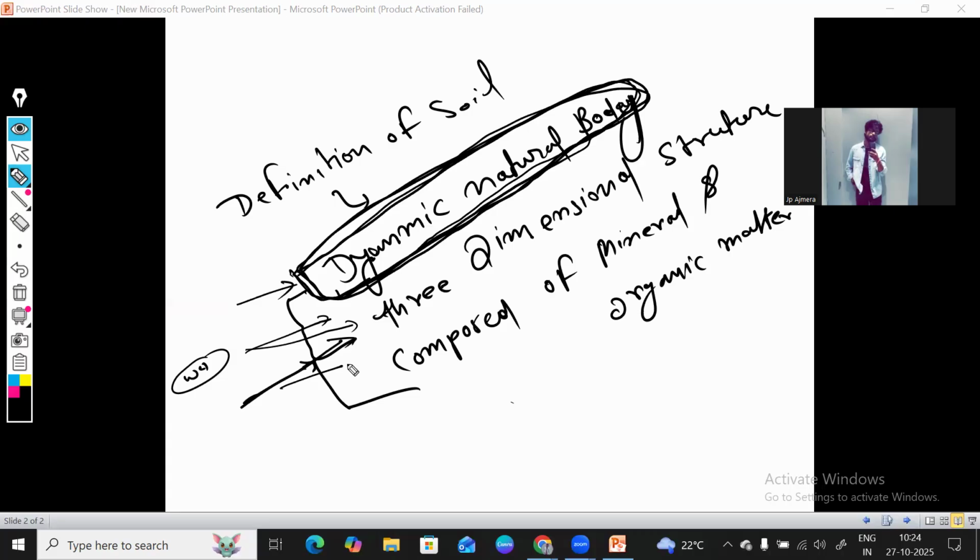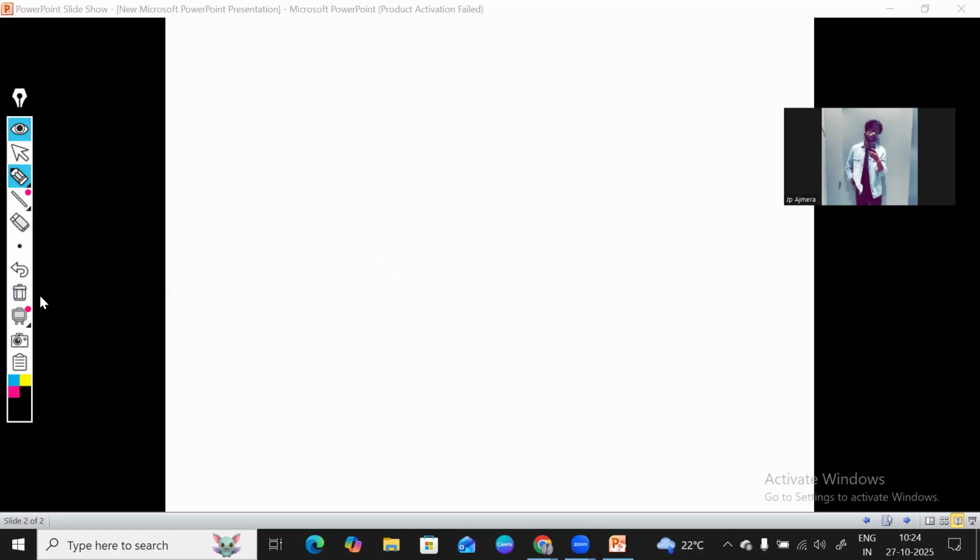The third one is that it is composed of mineral and organic matter, containing living organisms, and in which plants grow. So this is the definition of soil according to Nemraj Sunda. I hope it's clear to you. Keep these three points in mind, as they are the core of the soil definition.